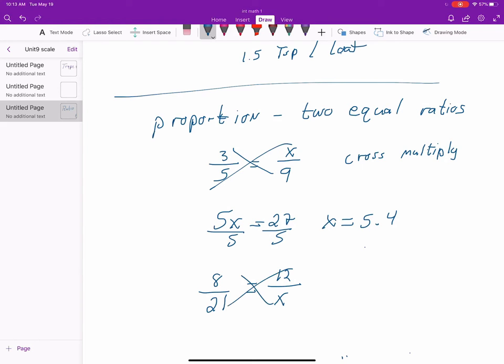Again, we're going to cross multiply. 12 times 21 equals 8x. Cross multiply and divide. So I'm going to take the calculator and multiply 12 times 21, and divide that by 8. That's 31.5.